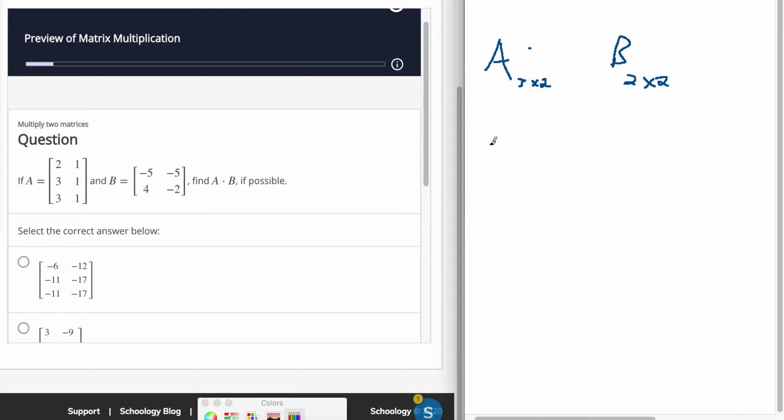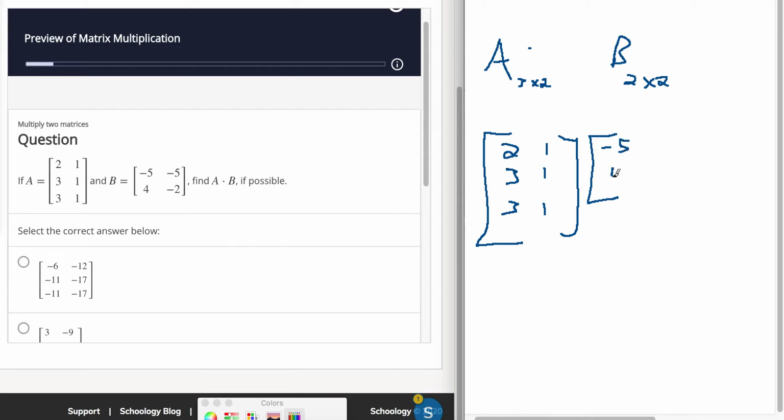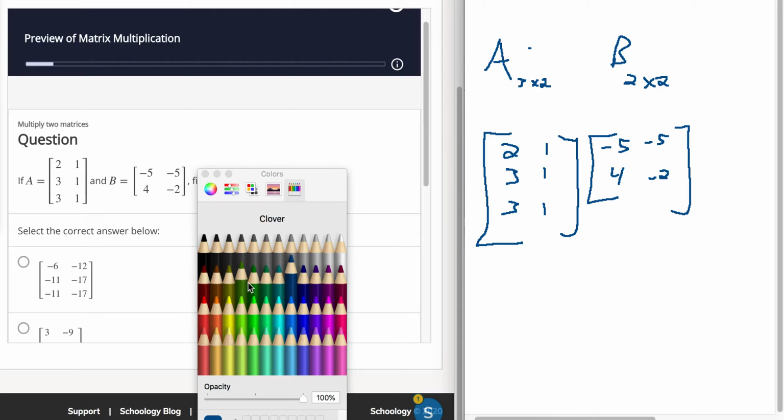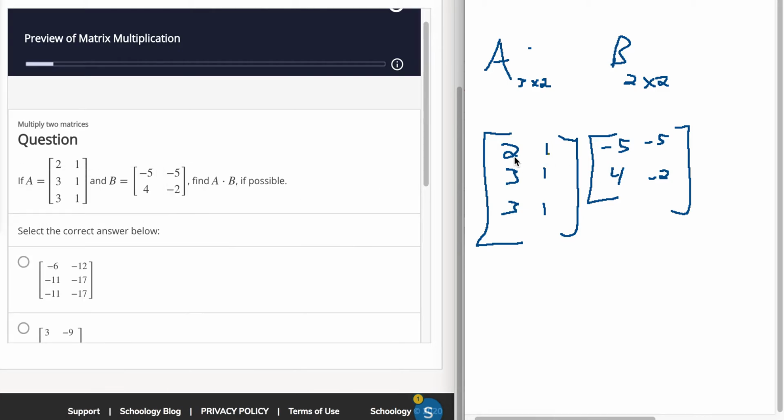So now that we know that it's possible, let's go through the matrix multiplication. And you go by rows in the first matrix and then by columns in the second matrix, okay? Actually, let's start off with this.